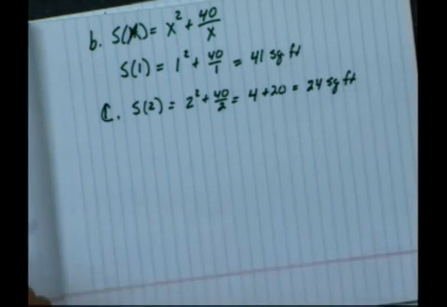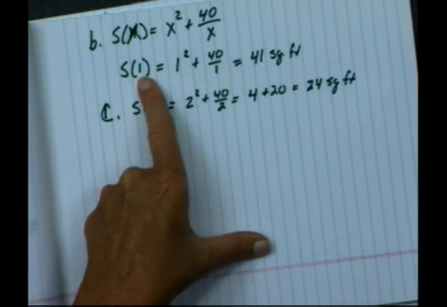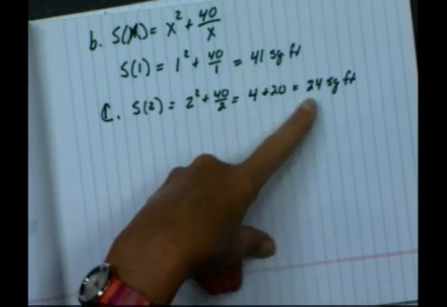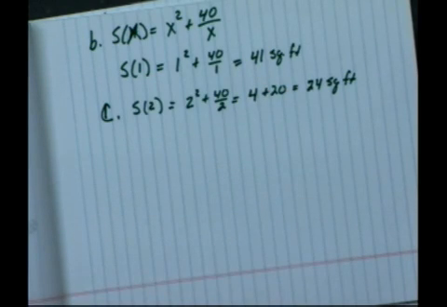If I were in the business of making boxes, I would prefer a box that had a base of 2 feet over a base of 1 foot. Why? Because it's less surface area. It's going to be cheaper. It's going to cost me less to make the box, isn't it?